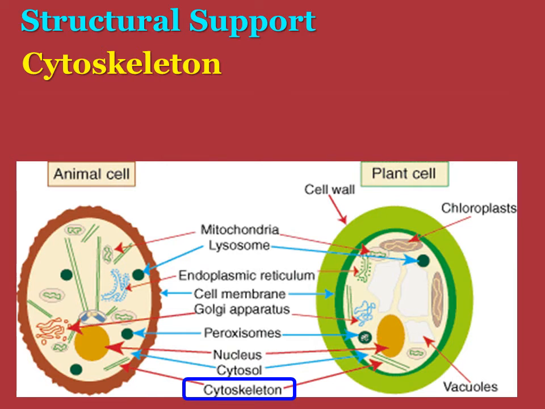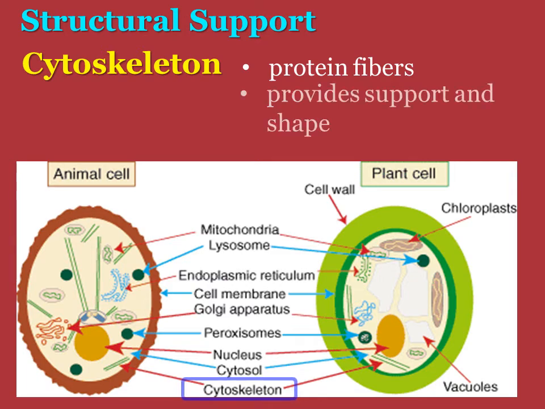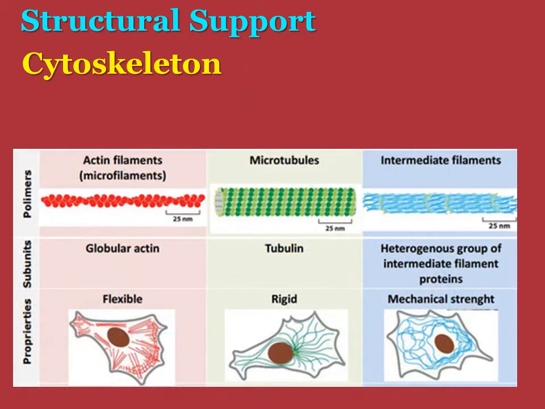Eukaryotic cells have a complex internal structure consisting of extensive protein fibers known as cytoskeleton. The cytoskeleton provides support and shape to the cell. The three cytoskeletal filaments are, in increasing thickness, microfilaments, intermediate filaments, and microtubules.